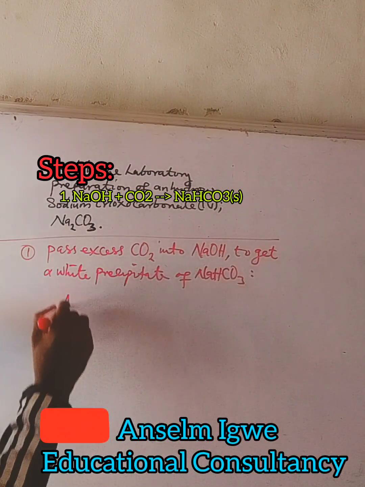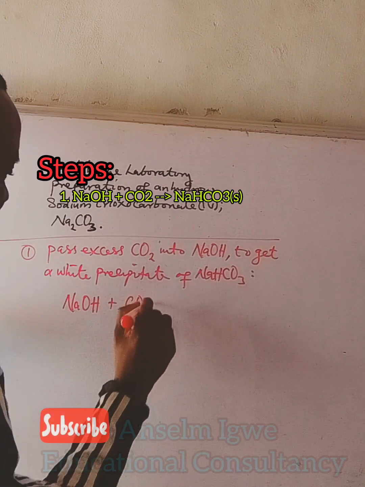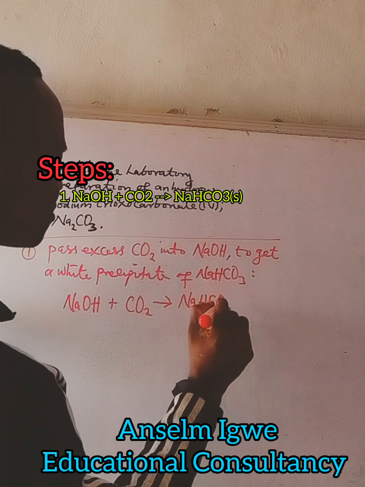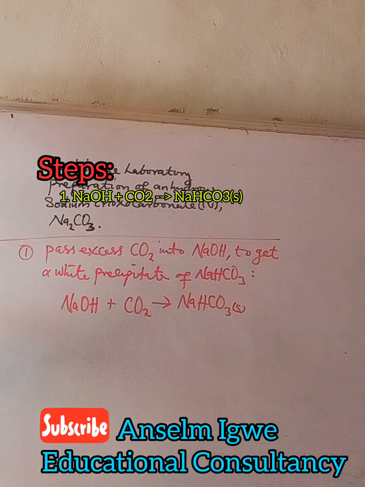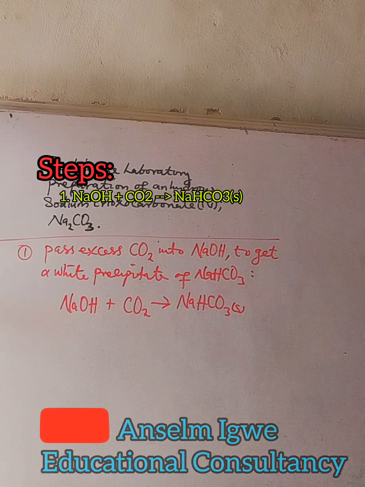According to this equation, sodium hydroxide plus carbon dioxide will give us sodium hydrogen trioxocarbonate 4, white precipitate. You can see the equation is balanced.